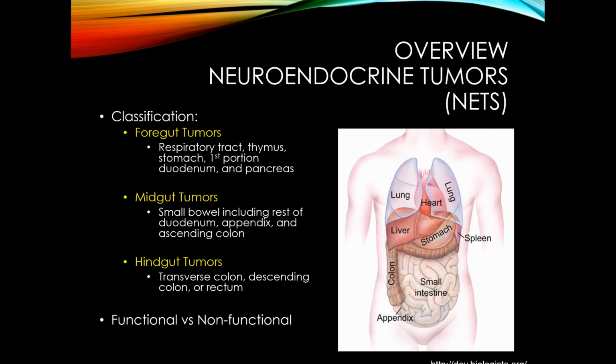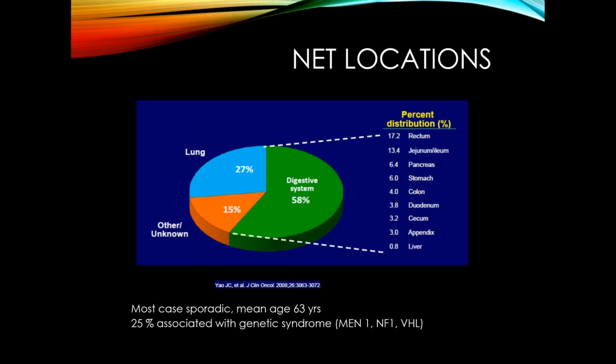They can occur almost anywhere, but the most common is the digestive tract, which includes the small bowel, the stomach, as well as the pancreas. We can also have tumors involving the lung, and we can divide them into functional versus non-functional tumors. This is just an example, so you can see the locations of the tumors, the majority being in the digestive system, but some also in the thorax.